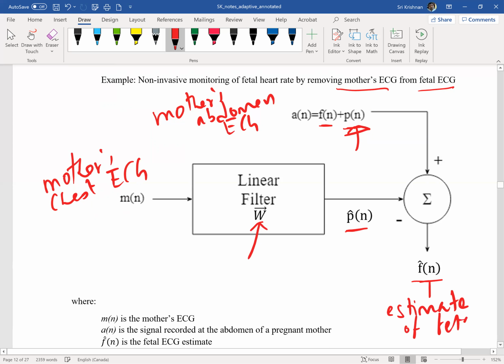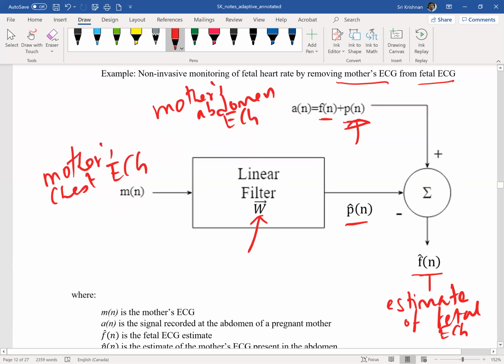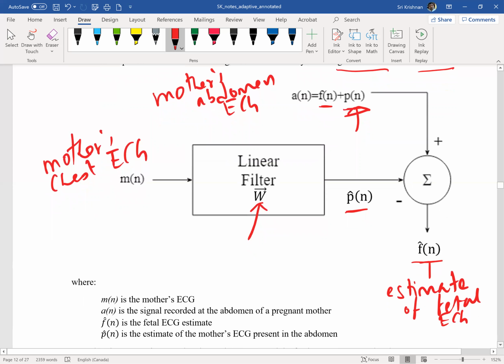I'm using the word estimate because it's pretty much impossible to get an accurate estimate of the fetal ECG for many reasons, and we hope the estimate is as close as possible to the ground truth ECG F of N. So when we design the system with the two inputs getting into the adaptive filter, M of N and A of N, the output comes out as the fetal ECG estimate.